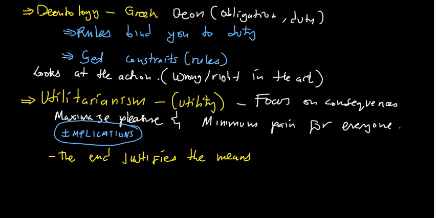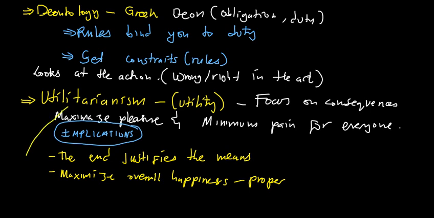So what is correct is anything that maximizes overall happiness. Is it happiness for a group? Basically, this man talked about everyone. So anything that is going to maximize happiness for everyone is correct.